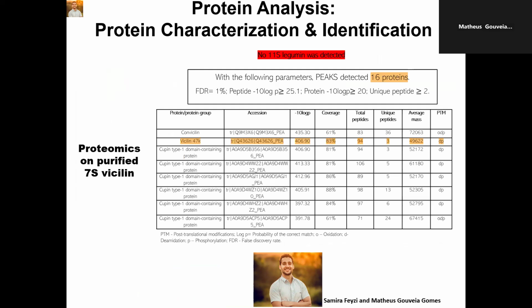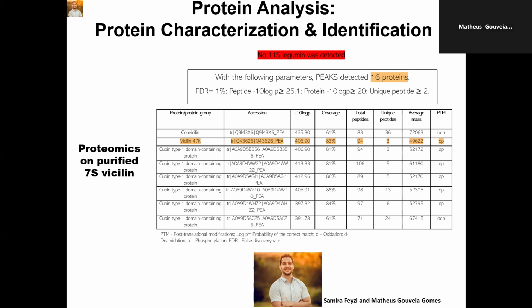Too bad. Anyway, so what we did after we purified by salt extraction, then we ran two-dimensional HPLC, took the fraction, sent it to LC-MS proteomics, and we confirmed that the 7S purified does not have any legumin in it.